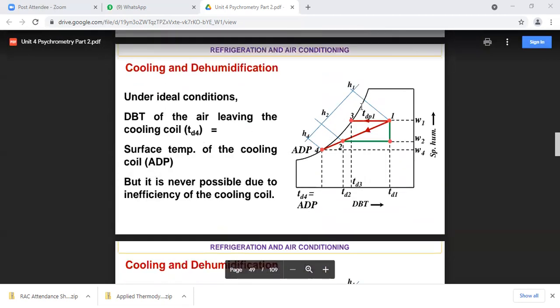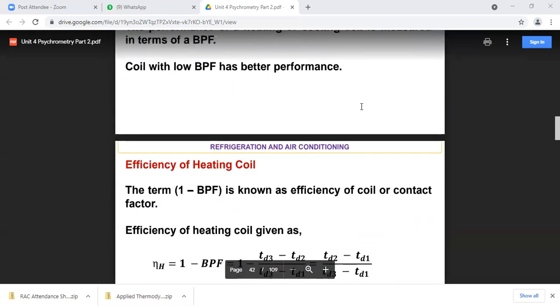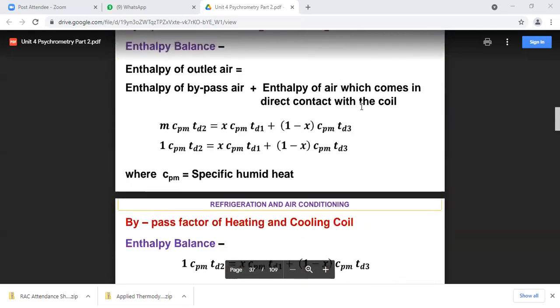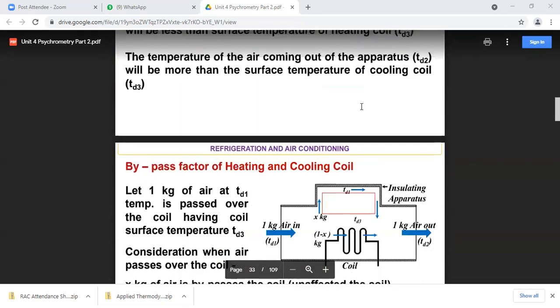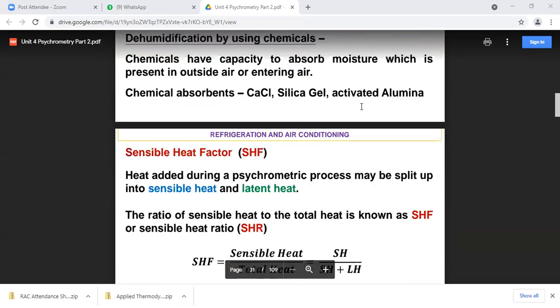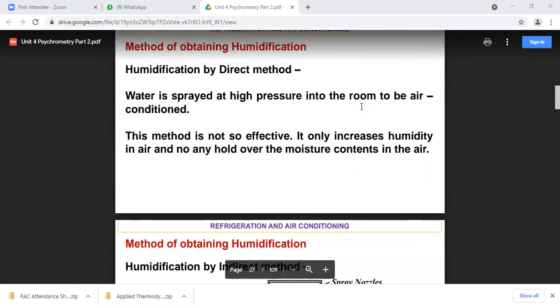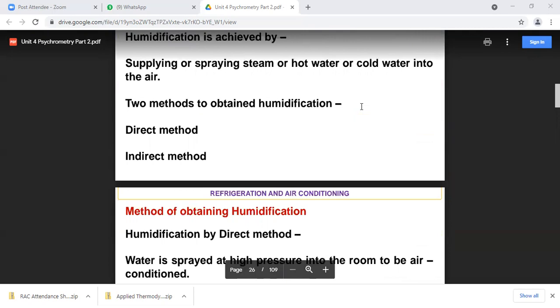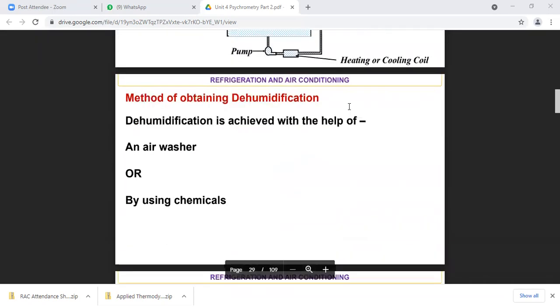In today's lecture, we have seen two processes, the direct humidification process and the indirect humidification process, and the methods of the dehumidification process, direct and indirect.